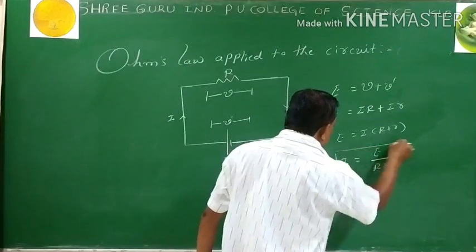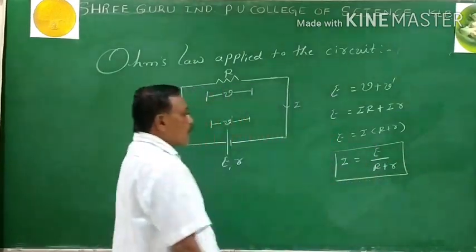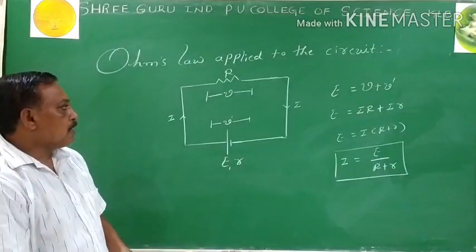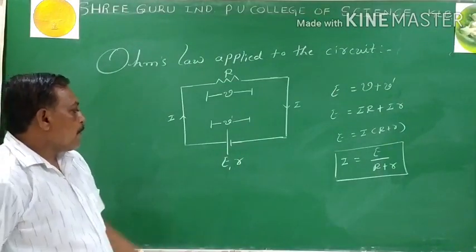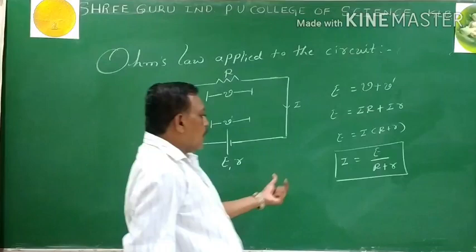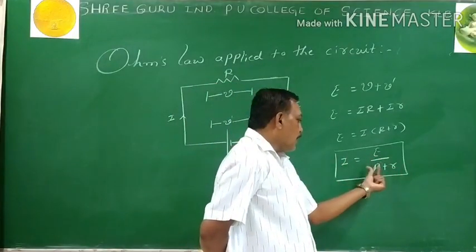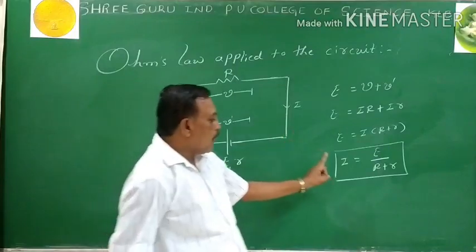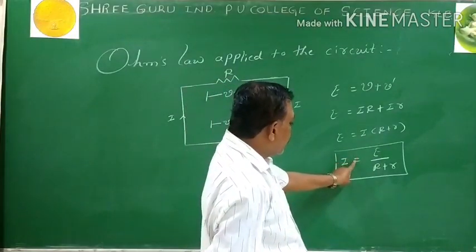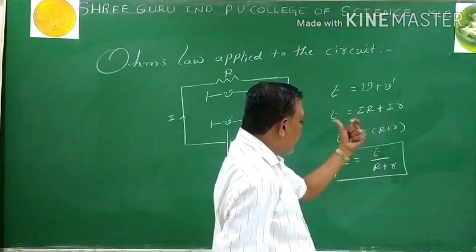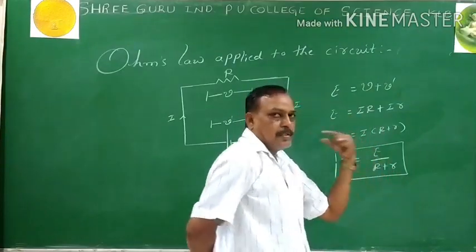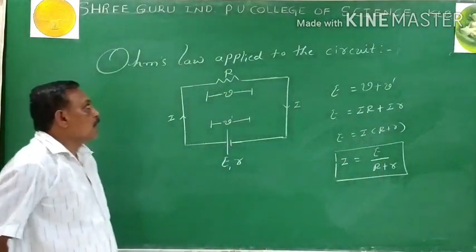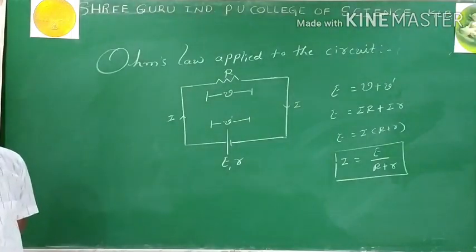This is the equation for Ohm's law applied to the circuit. That is, the current in the circuit having EMF E, internal resistance of the cell small r and external resistance capital R. So the total current in the circuit is equal to the total EMF divided by the total resistance. Now this is our conclusion for Ohm's law applied to the circuit.